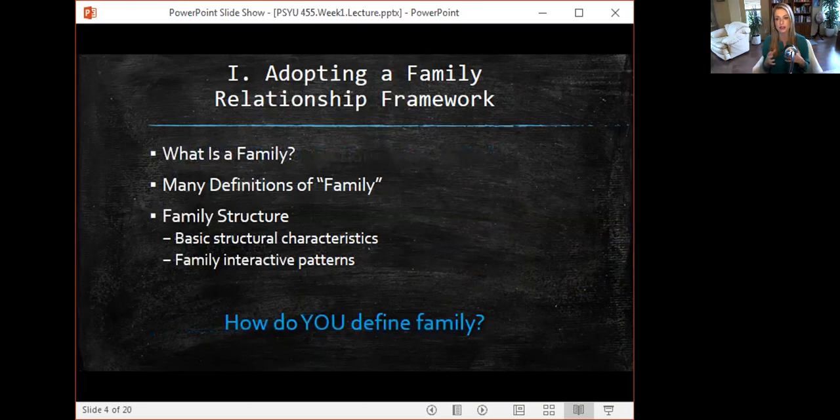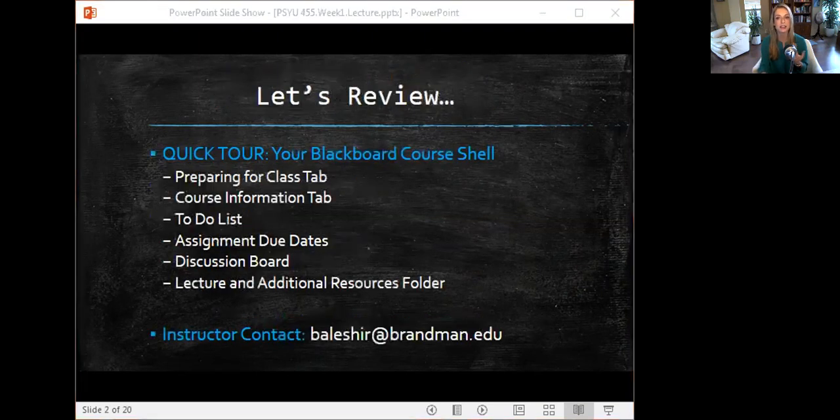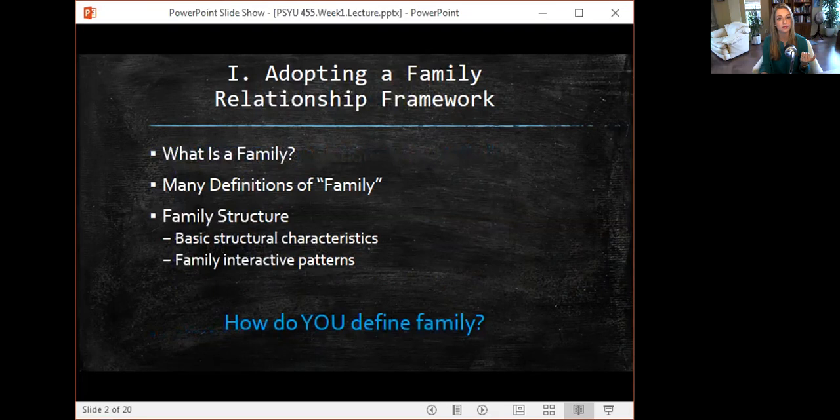And the major reason for difficulty in defining family is that we tend to think that a real family is the nuclear family or the traditional family. Right, so one of the major reasons that we have a hard time defining families is because in our culture we focus on the nuclear family or traditional family.